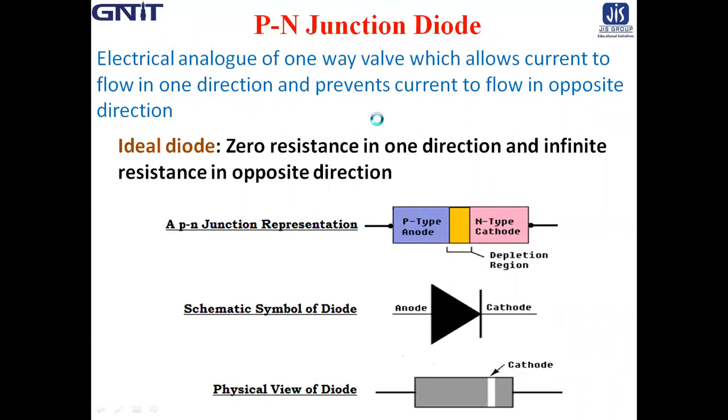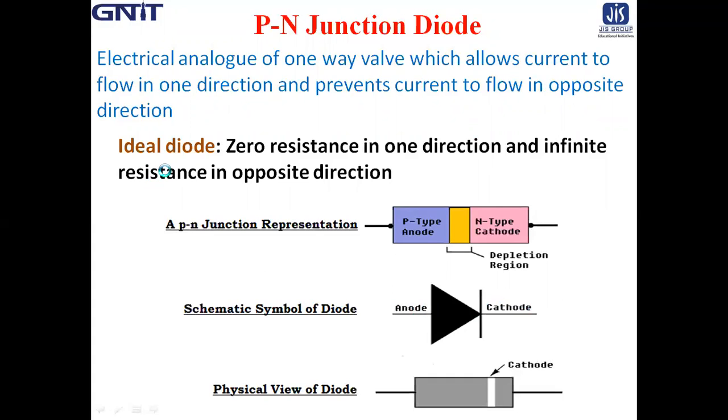So it is like a one-way valve which allows current in one direction, that is from anode to cathode. This is the schematic symbol of a diode, which allows current only from anode to cathode and does not allow current to flow in the reverse direction, that is from cathode to anode.